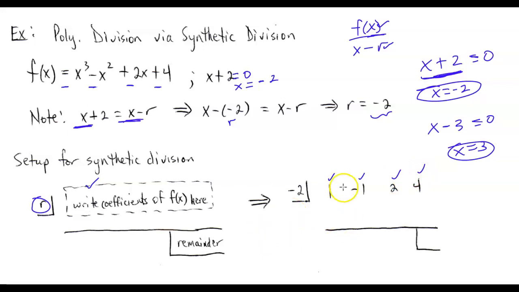So to do synthetic division, all we do from here is whatever this first number is, we bring it down, and then we do a series of multiplying and adding. So we say -2 times a +1 is a -2, and then we add. So a -1 plus a -2 is a -3. Then we repeat the process. A -2 times a -3 gives us a +6, and we add. So 6 plus 2 is 8.